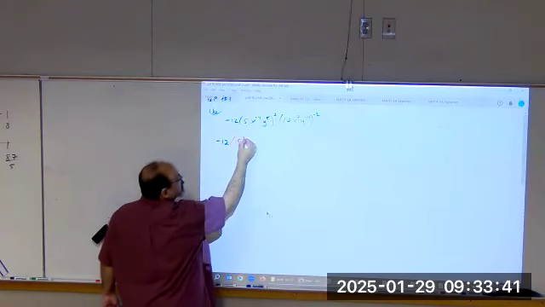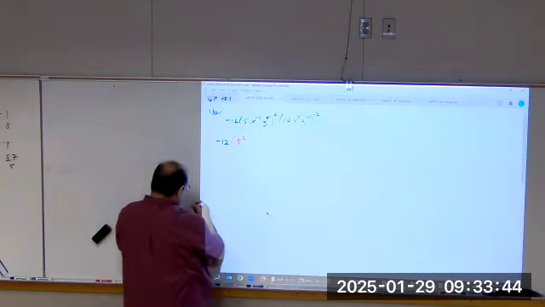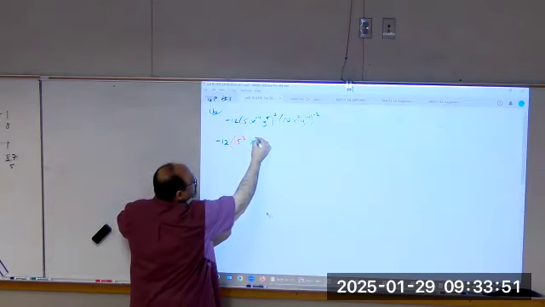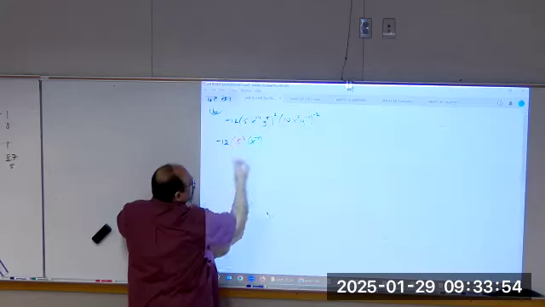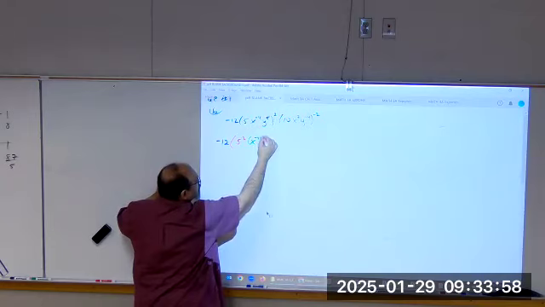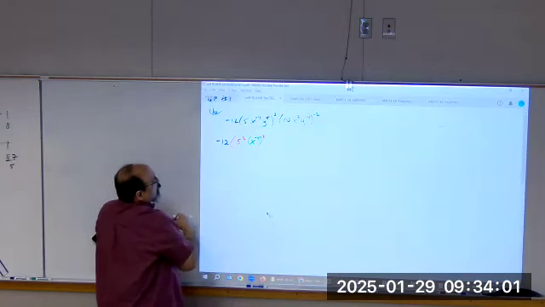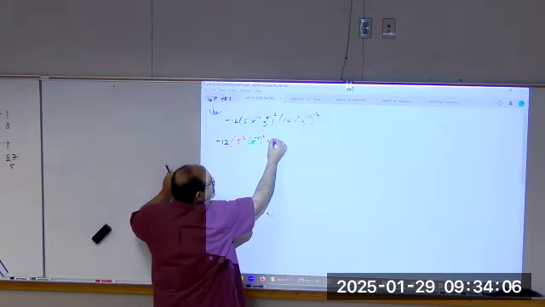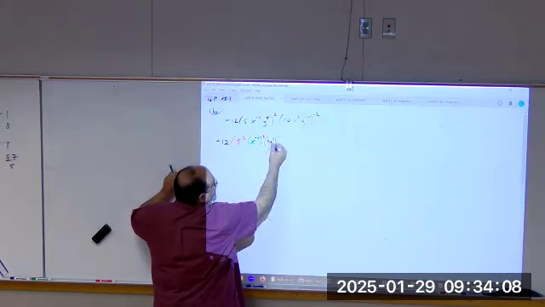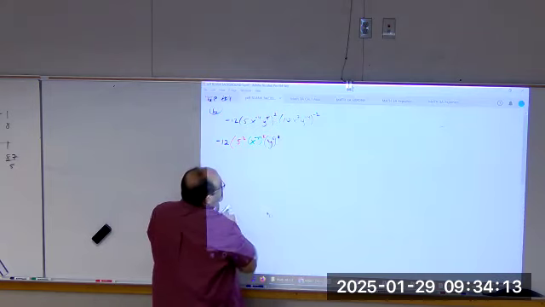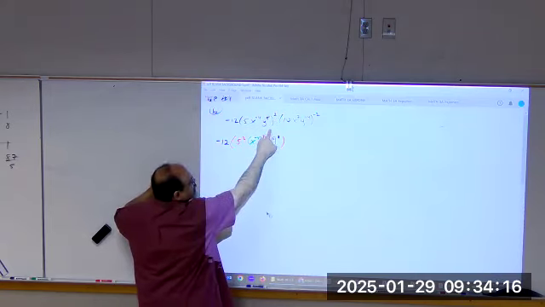Then I have x to the negative 4, and that's going to get raised to the second. And then I have that y to the 5th, and that's going to get raised to the second. So that's this first parenthesis.